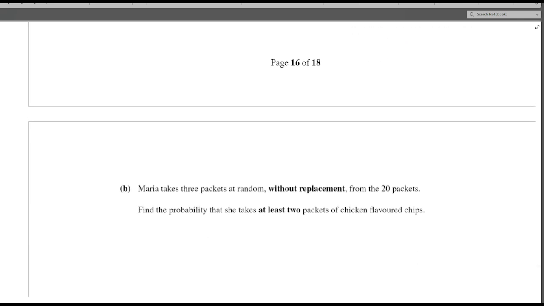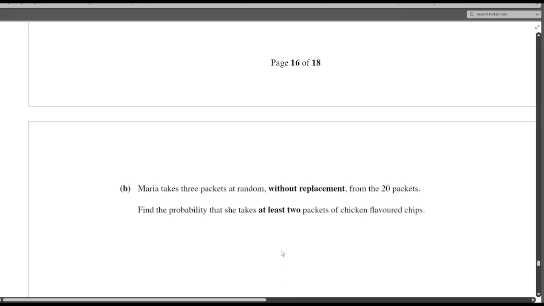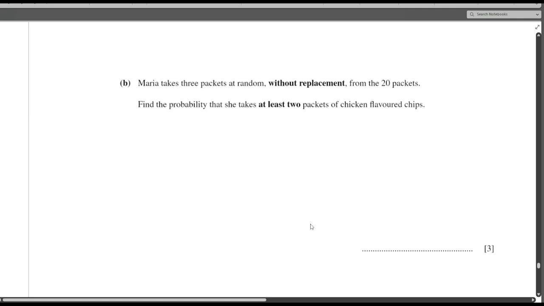Now B. Question B is, Maria takes 3 packets at random without replacement from the 20 packets.